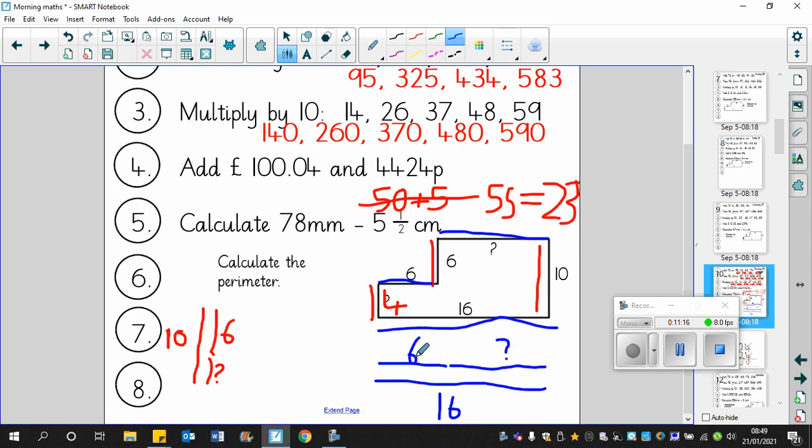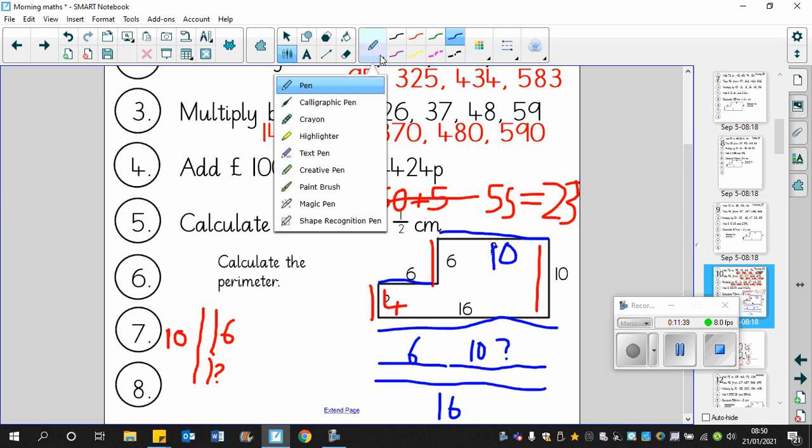So now we've got 6 add something equals 16, so therefore the something must be 10. Okay, so we'll put a 10 in there. We know that that's a 4.